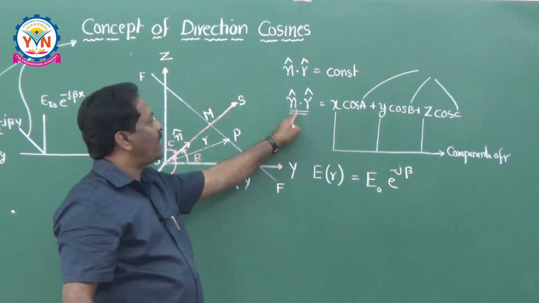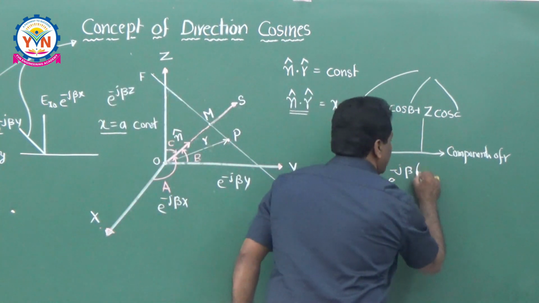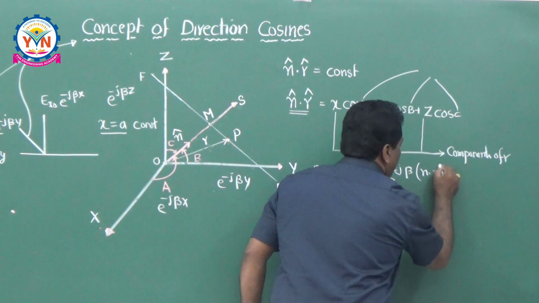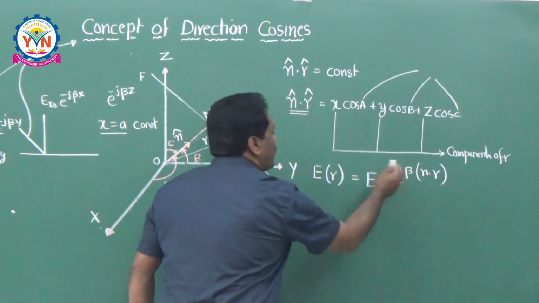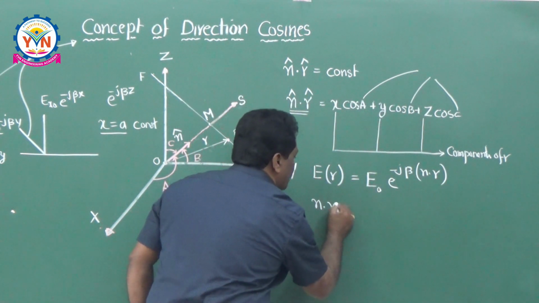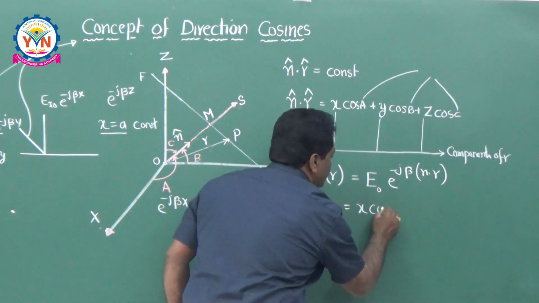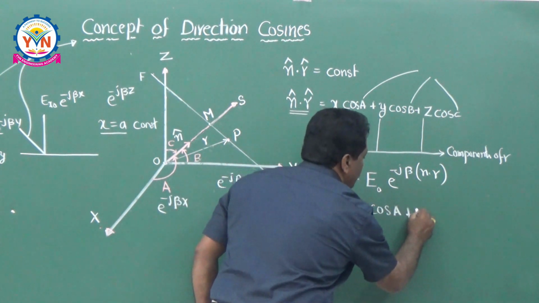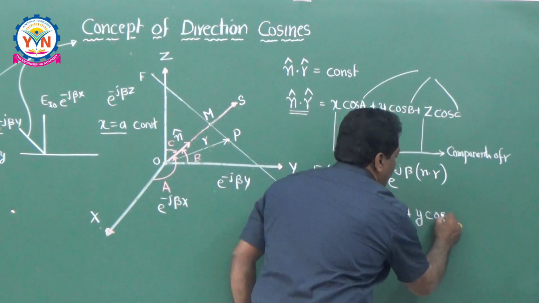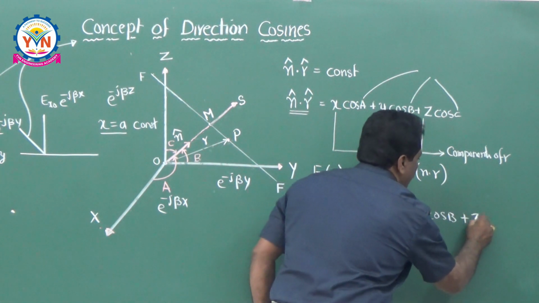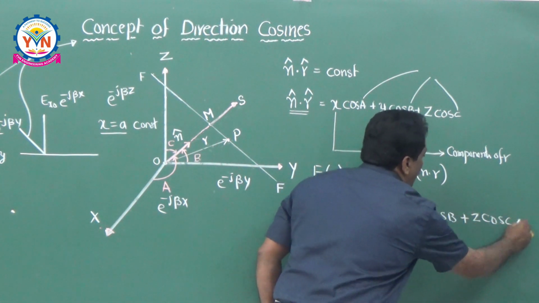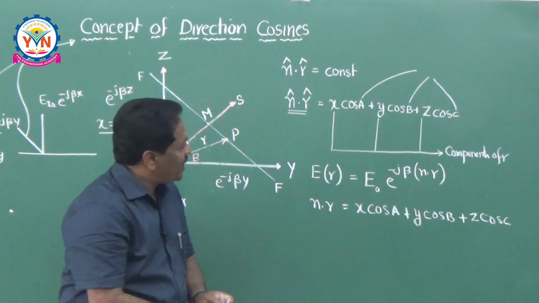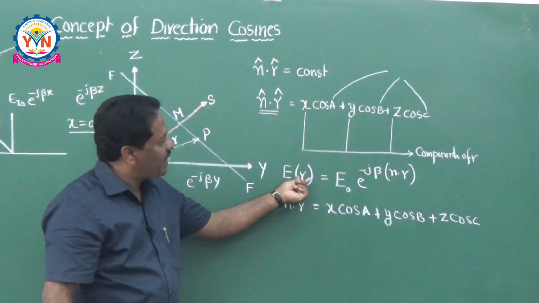That's why it is n dot r. So minus j beta into n dot r. What is n dot r? n dot r is x cos A plus y cos B plus z cos C. So I hope you understood the way of writing the wave equation in any arbitrary direction.